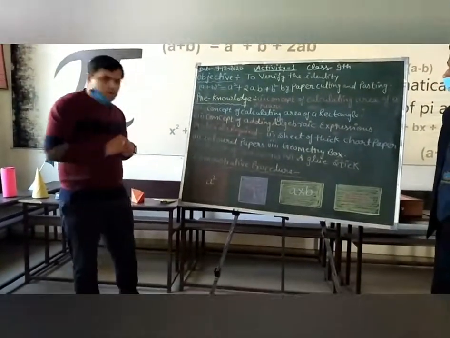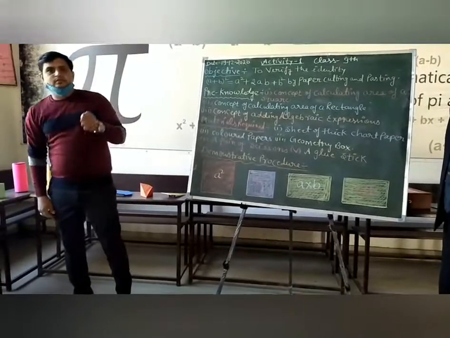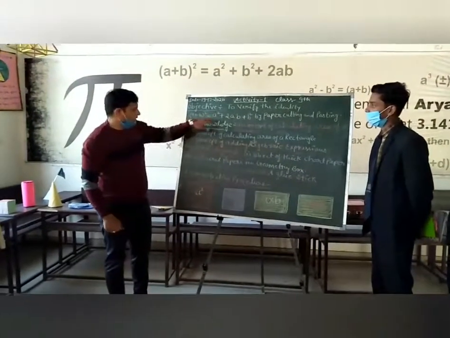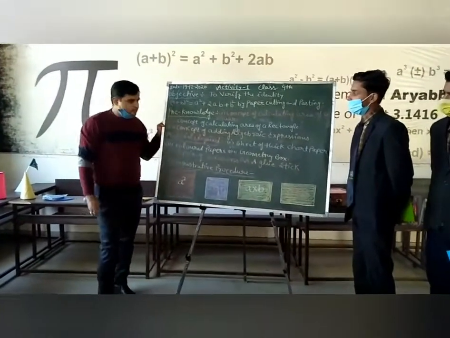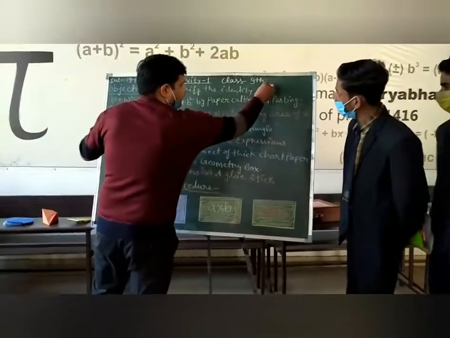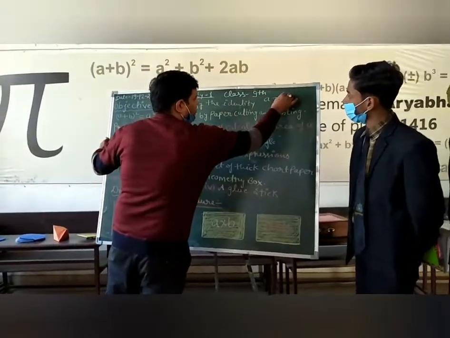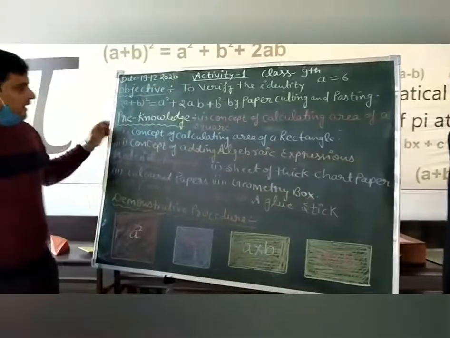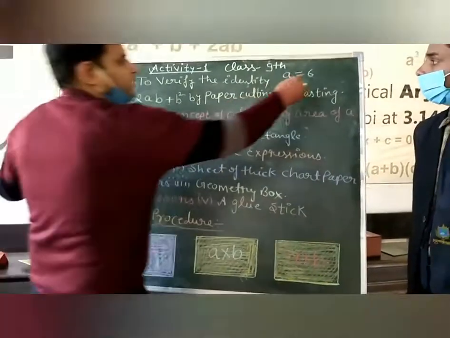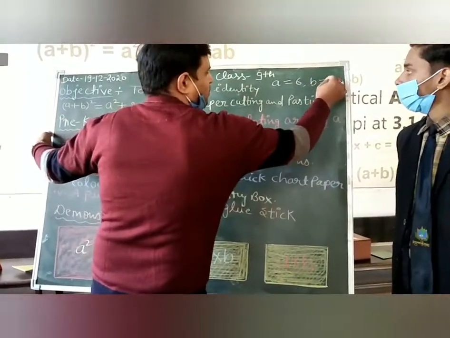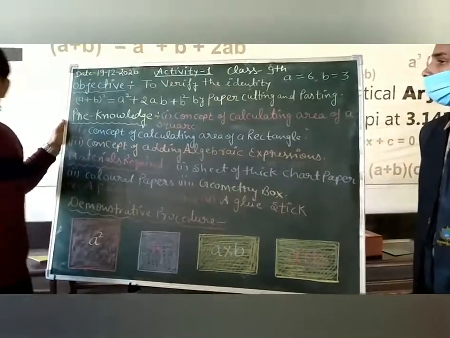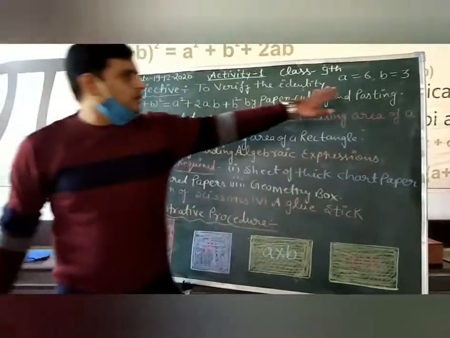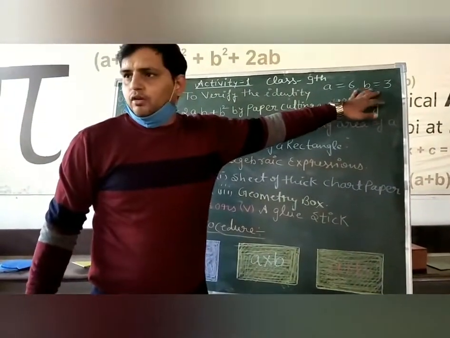For conducting this activity, suppose we take a equal to 6, and we can take the value of b as 3. It is your choice, whatever value you want to take for a or b.